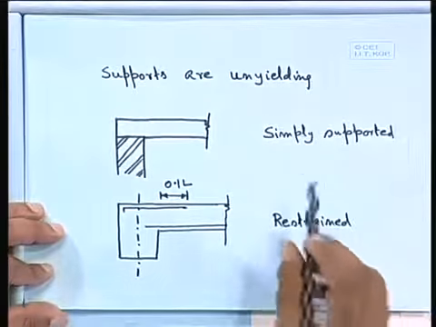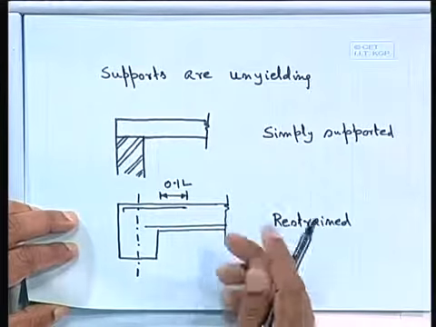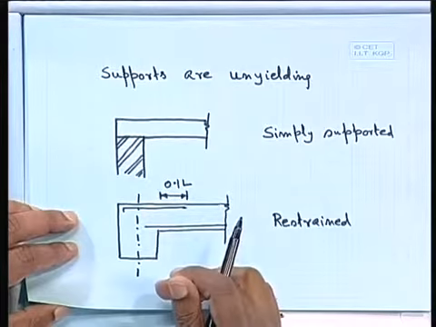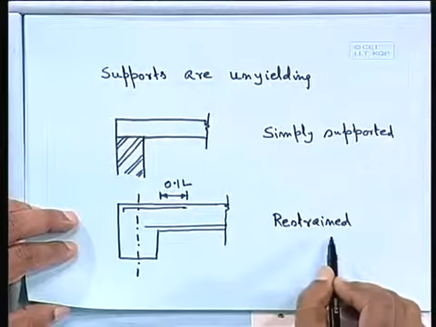So one case is simply supported, but in all of them the supports are unyielding, so there will be no deflection of the support. The other example we can say is that the supports are not spring mounted. So simply supported, then we can take restrained.